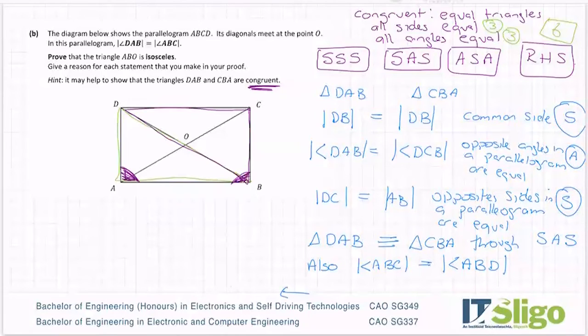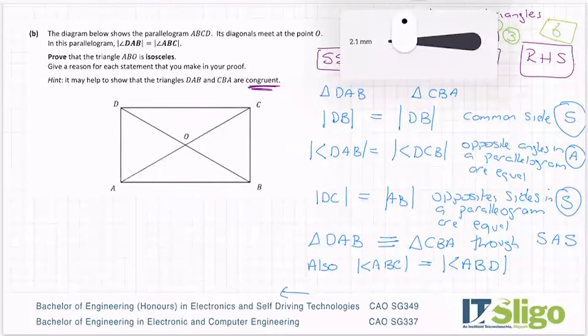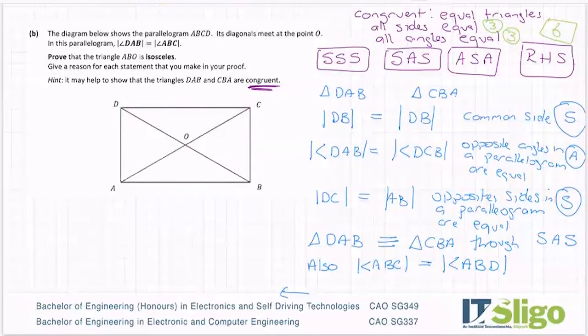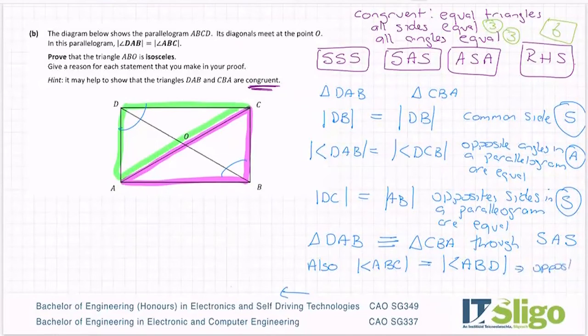Okay, and the reason I'm saying that is because if I draw my triangles the other way, I am now saying that this angle here equals this angle here, okay, opposite angles in a parallelogram are equal.